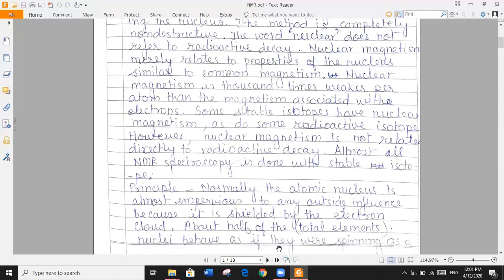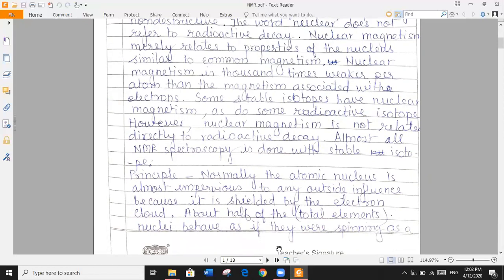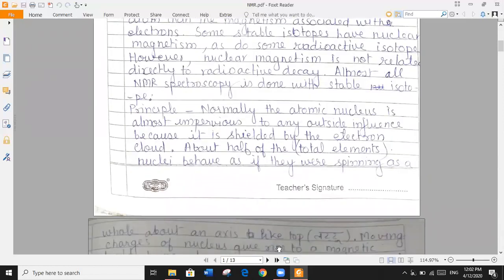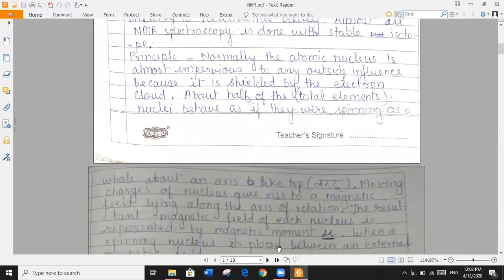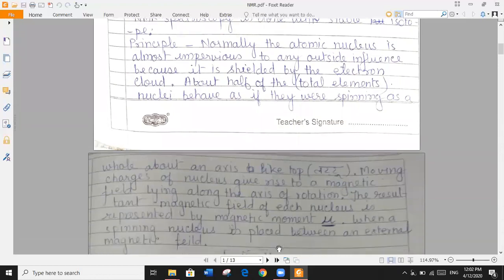About half of the nuclei of the total elements behave as if they were spinning as a whole about an axis like a top. The nucleus keeps spinning like a top.